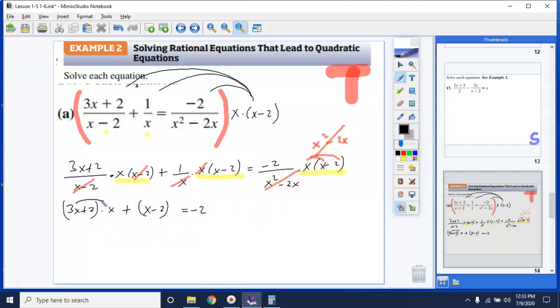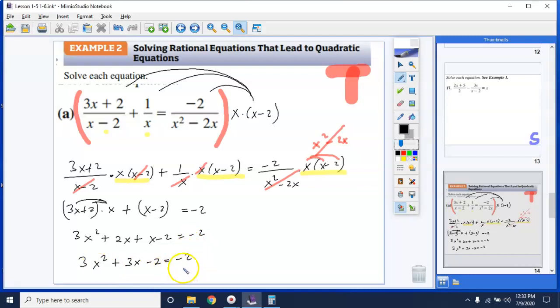Let me multiply this first over here. 3x times x, 3x squared, 2 times x, 2x, plus x minus 2 equals negative 2. So what do we get here? 3x squared, 3x, minus 2 equals negative 2.